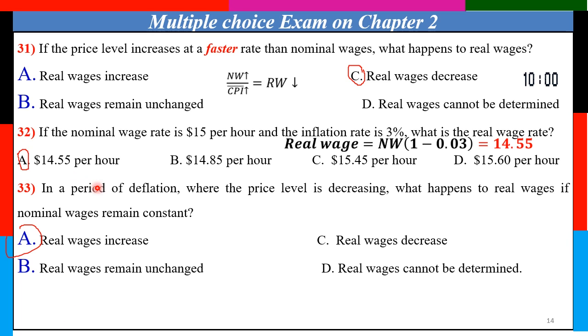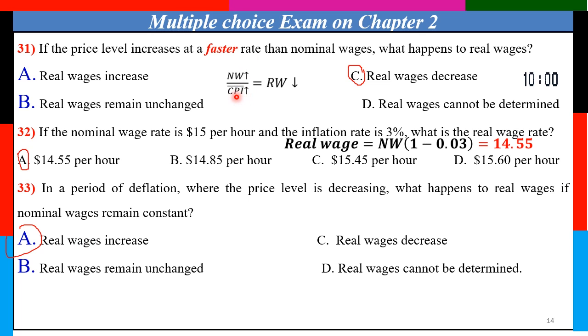Real wage increases during deflation. Deflation means when the general price level is decreasing. So price is decreasing, and the nominal wage is constant. Therefore, the real wage is what? It goes up.